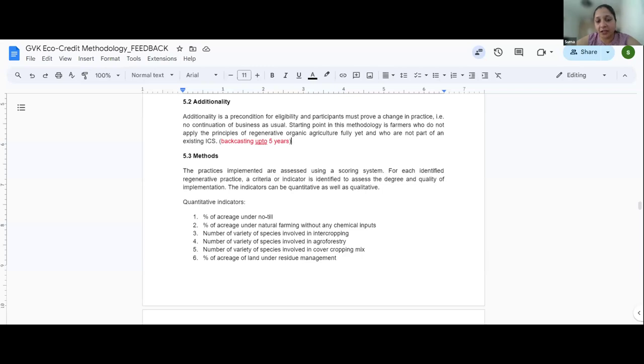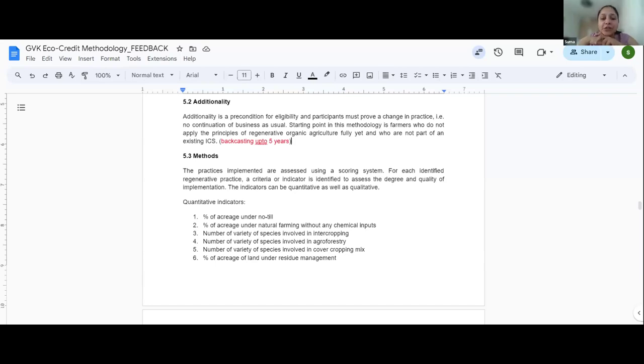So we are defining additionality based on the fact that if they can prove a change in practice, then it is an additional situation. And we are considering the starting point to be when these farmers decide to get enrolled in the RADIS/JVK regenerative agriculture program. Now here, there are a couple of questions, and I would love to hear if any of you have feedback regarding this.